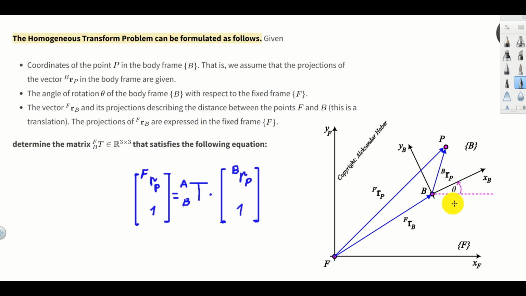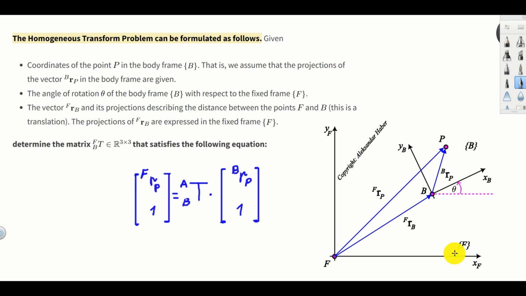Then we assume that the angle of rotation theta of the body frame B with respect to the fixed frame F is also given. Then we assume that the vector RBF and its projections, describing the distance between the points F and B, are also given. The projections of RBF are expressed in the fixed frame F.